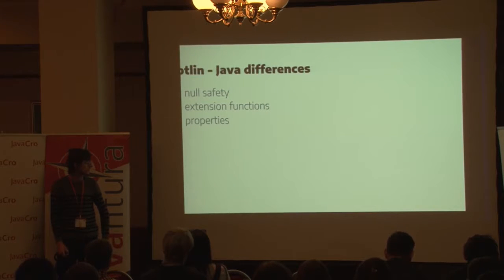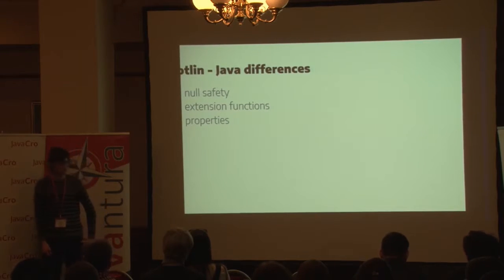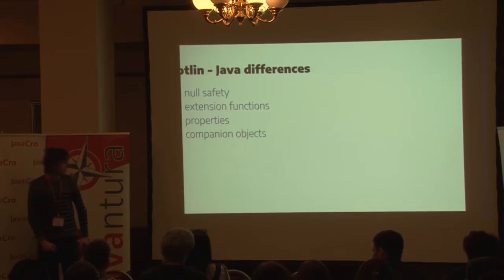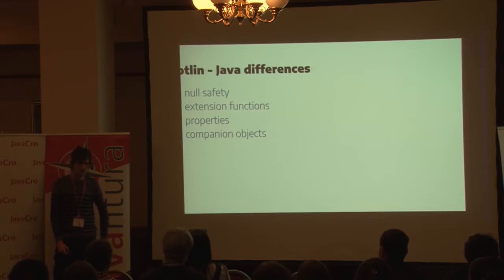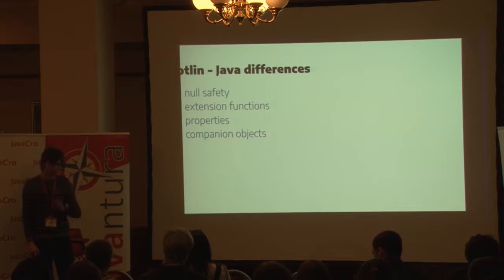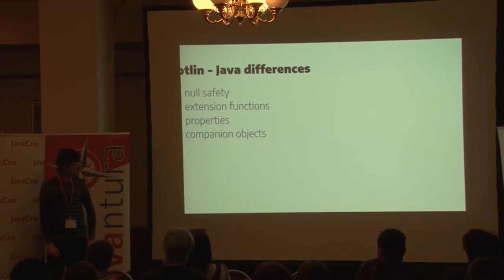Then we have properties, where in Java we just encapsulate our fields with getters and setters. Another difference is that Kotlin has companion objects and objects in general, which are language level singletons that, in case of companion objects, are tied to a class and can be used similar to Java static methods.